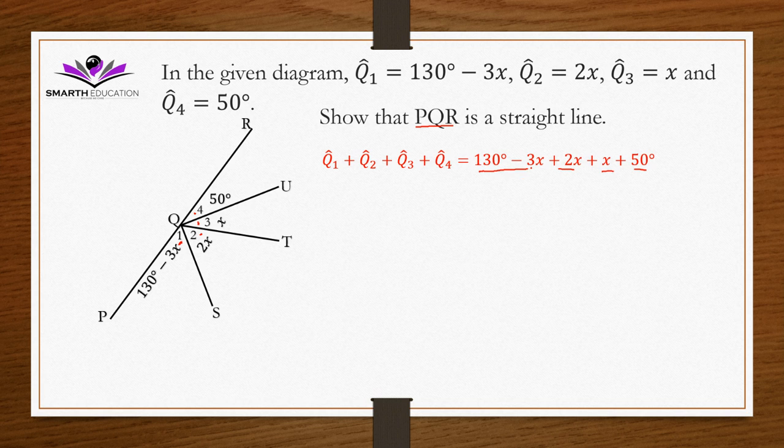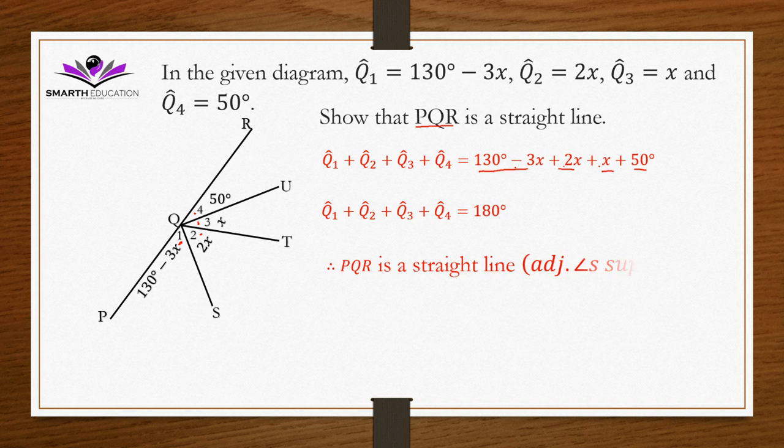Negative 3x plus 2x is negative x, then negative x plus x is 0. So we remain with 130 plus 50 degrees, which is 180 degrees. So we can conclude the line PQR is a straight line, because the adjacent angles are supplementary.